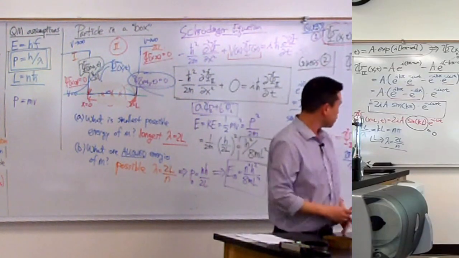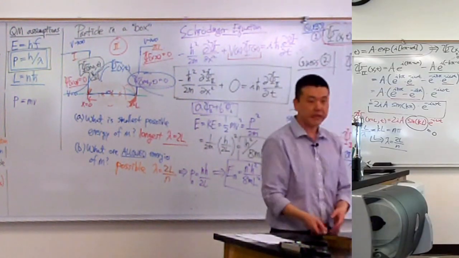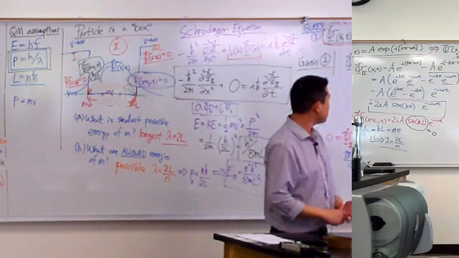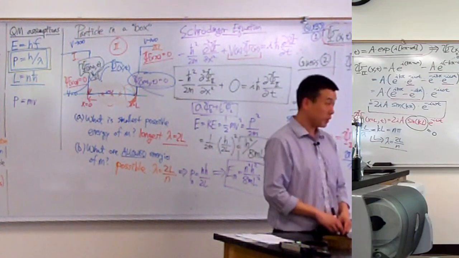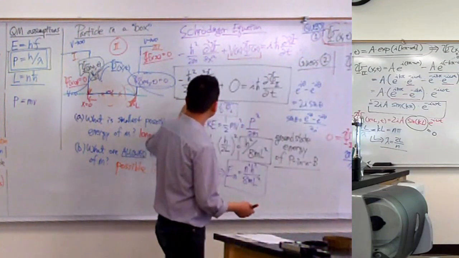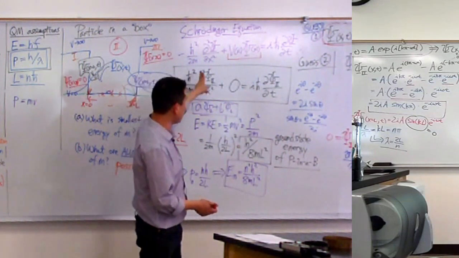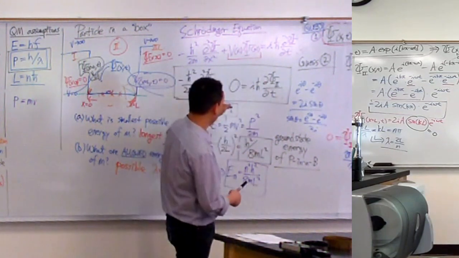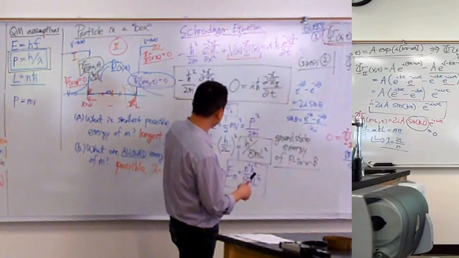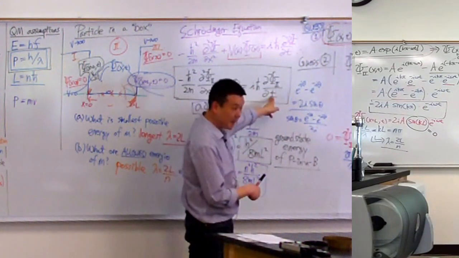So one of the things you will see in your textbook somewhere is something called the time-independent Schrödinger equation. This is a time-dependent Schrödinger equation because it's a partial derivative with respect to position and time.